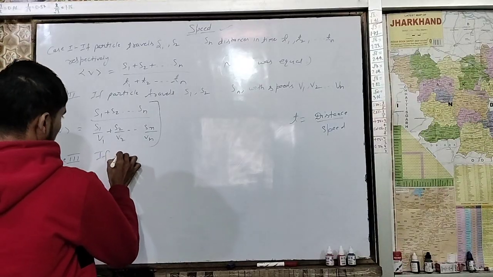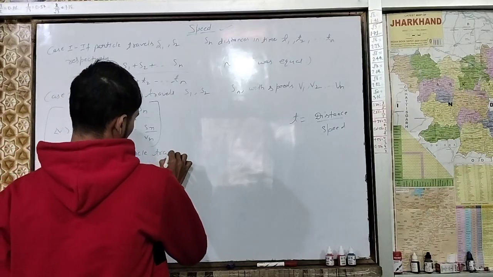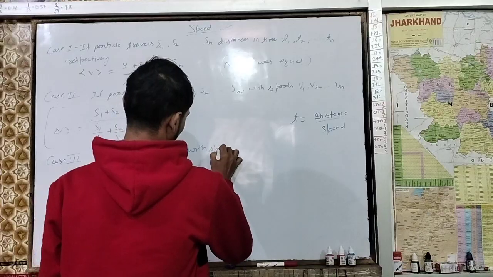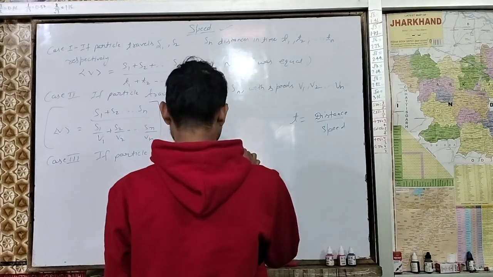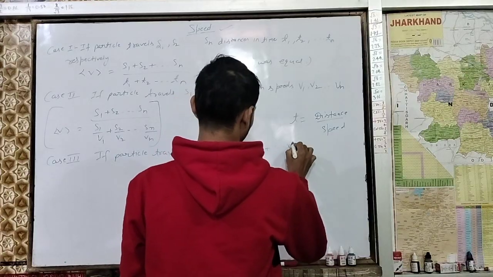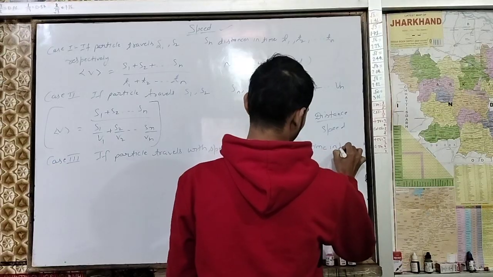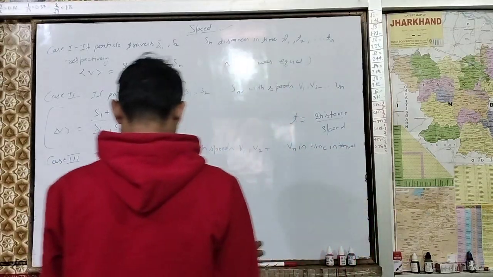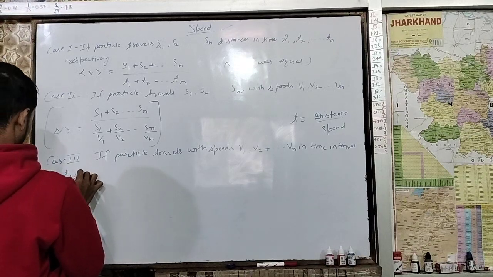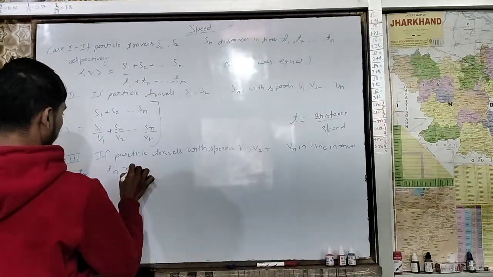Third case is if a particle travels with speeds v1, v2 till vn in time intervals t1, t2 till tn respectively.